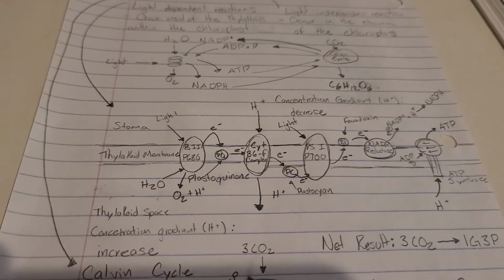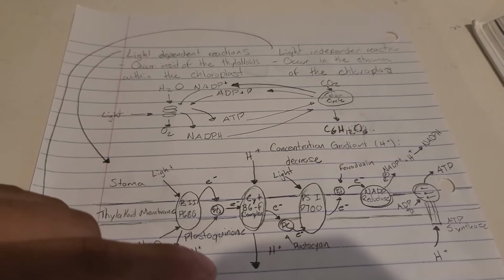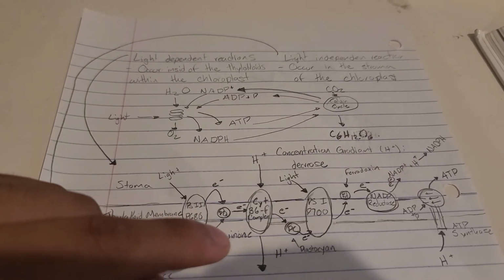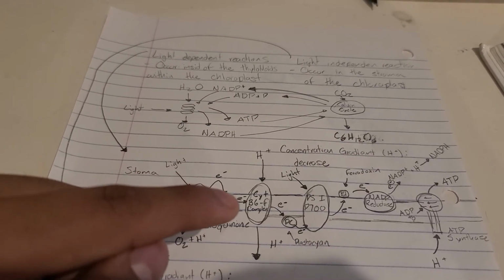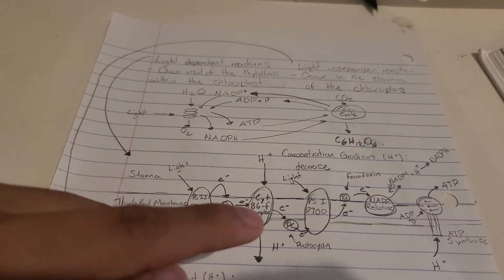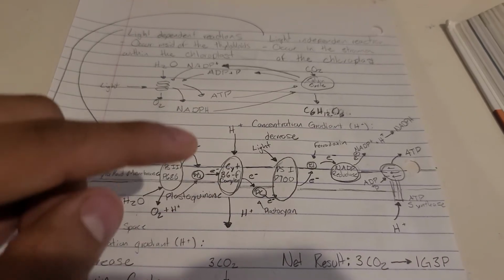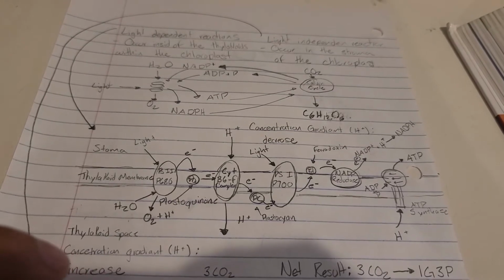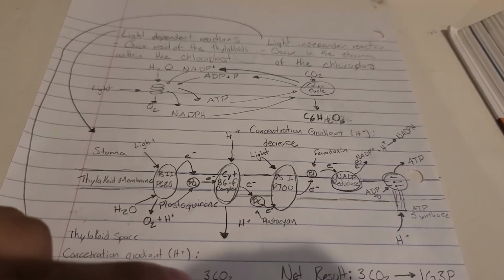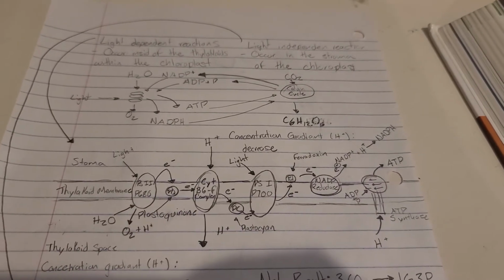Then these excited electrons go down to the plastoquinone, which sends its electrons to the B6F complex. These electrons turn on this enzyme and it starts pumping hydrogen ions into the thylakoid space, again increasing the concentration gradient of hydrogen ions.